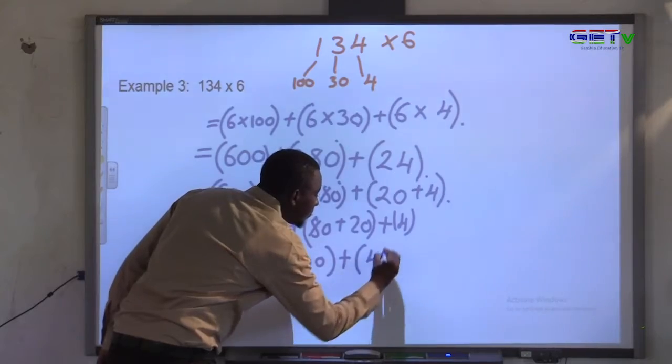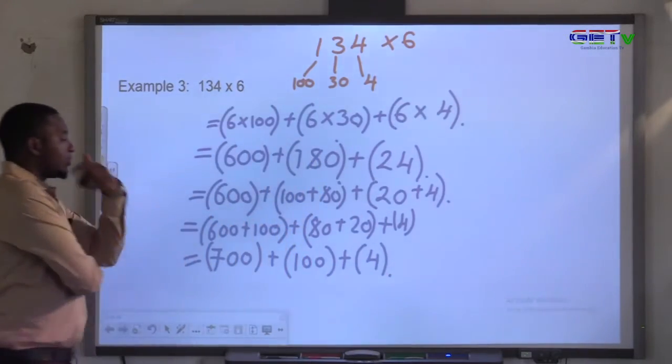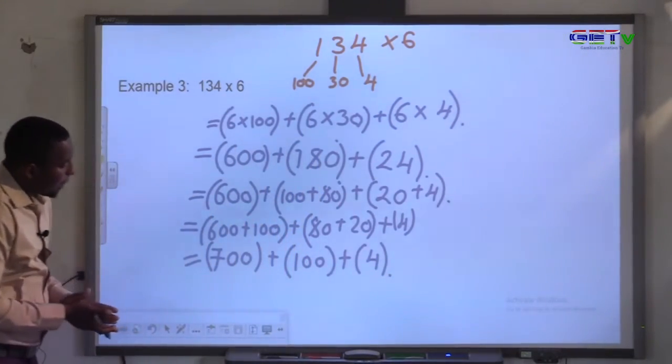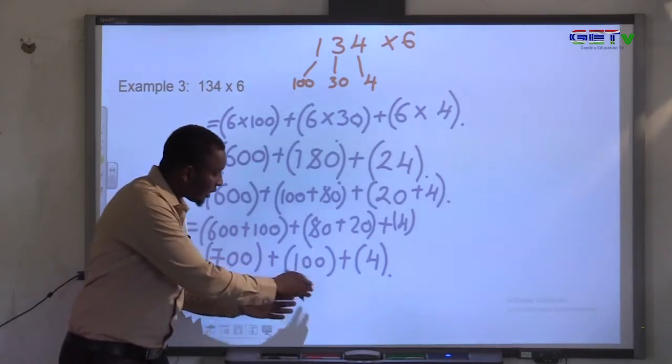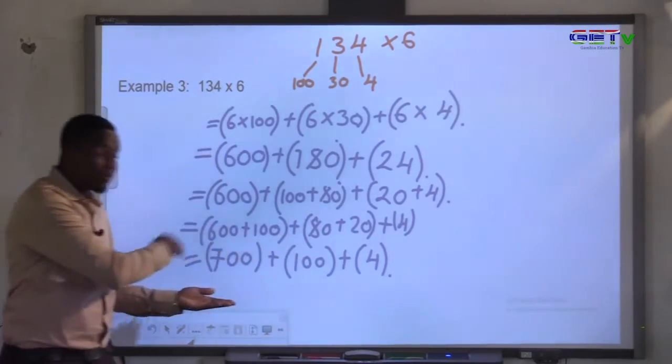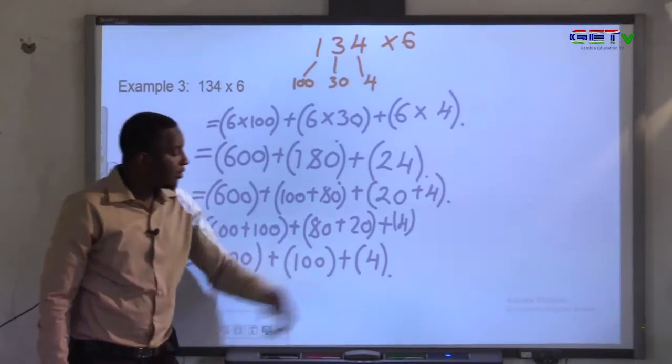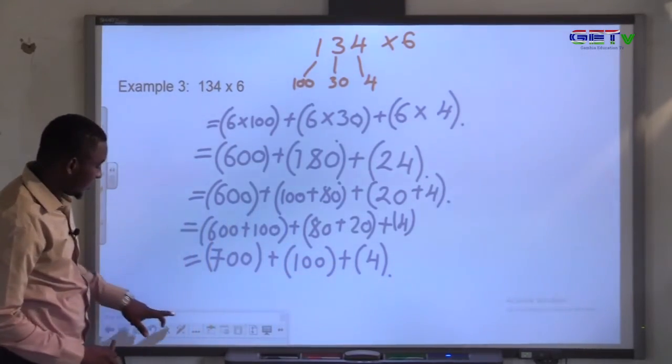Again, we observe under the hundreds we have 700. Under the tens we have 100. We need to move that to the hundreds. And then we have the 4 as a unit.